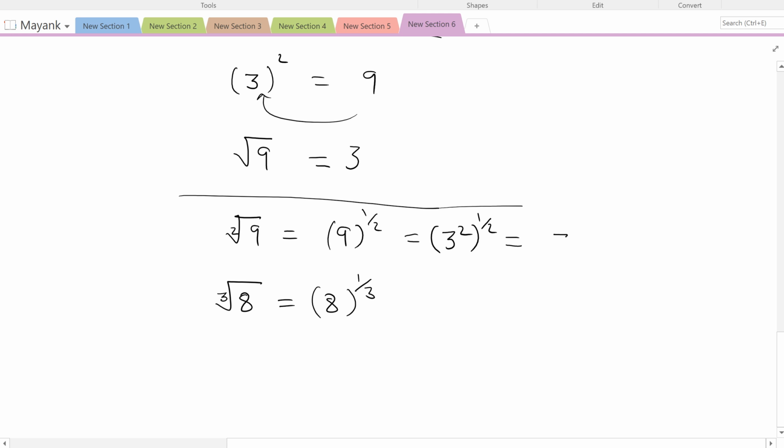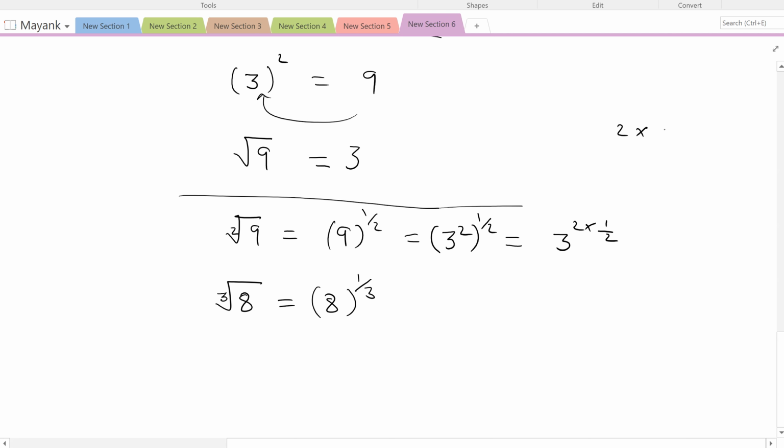So what we're going to do, we do 2 multiplied by 1 over 2. Now you tell me what would be that. 2 multiplied by, what is this thing? What would be that multiplication? 1. That's easy.